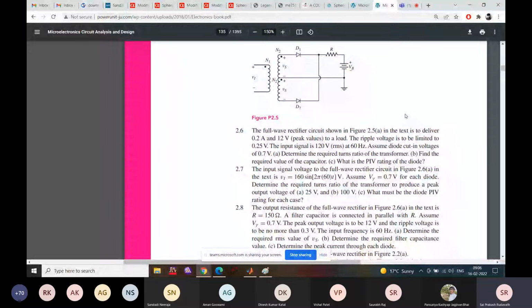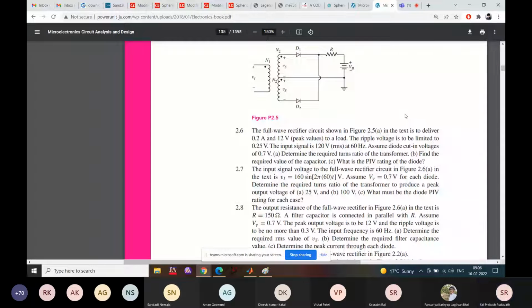So you have to get the output at Vs as 12 plus 0.7, so 12.7. 169.7 is the peak, and you have to convert that 120 volts to 12 volts.